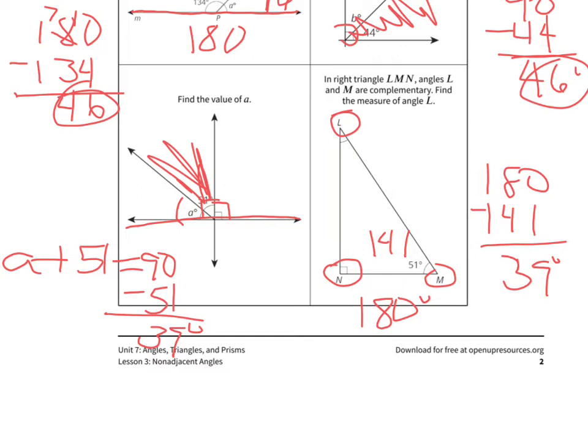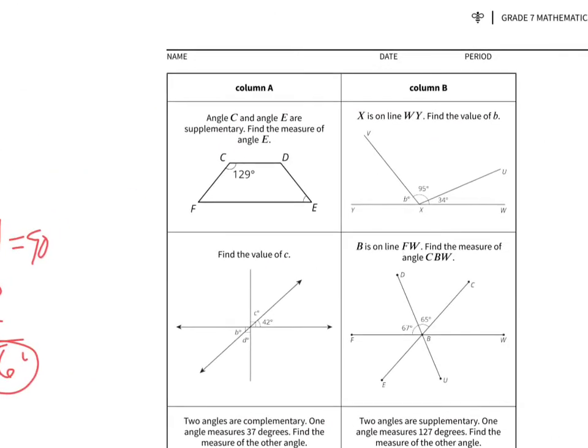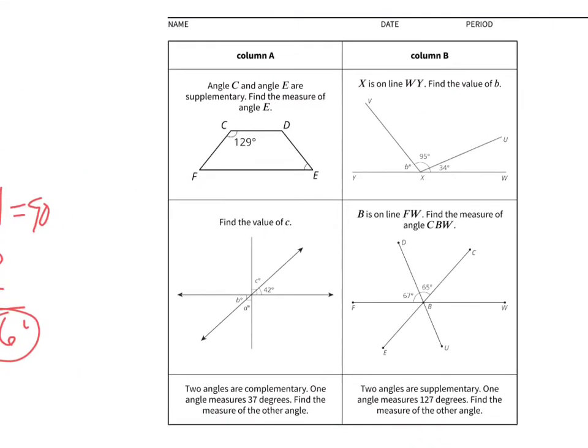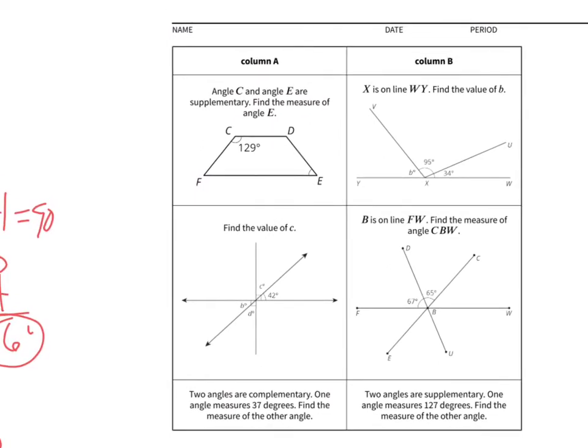So if we look at page 26, let me scroll over to it here. We have these 6 problems. So we have a parallelogram, and more specifically, we have a trapezoid in column A, and it says angle C and angle E are supplementary. Now, if you remember 2 weeks ago, before this all started, we know that supplementary adds up to 180.